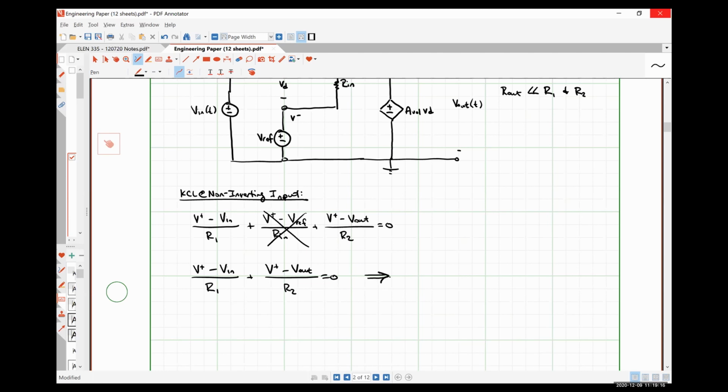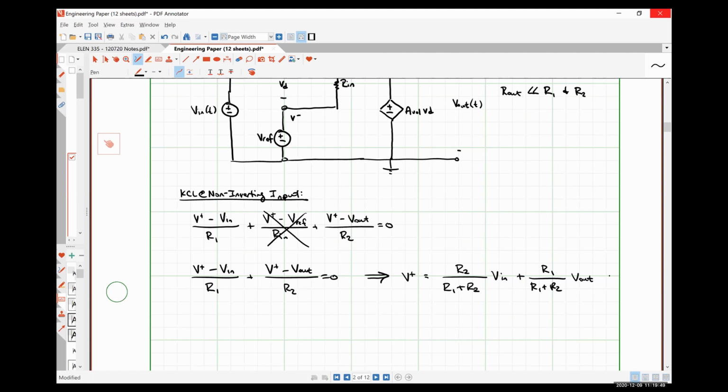And I can do a little bit of algebra, and I find that V plus is equal to R2 divided by R1 plus R2 multiplied by my input voltage, plus R1 divided by R1 plus R2 multiplied by my output voltage.